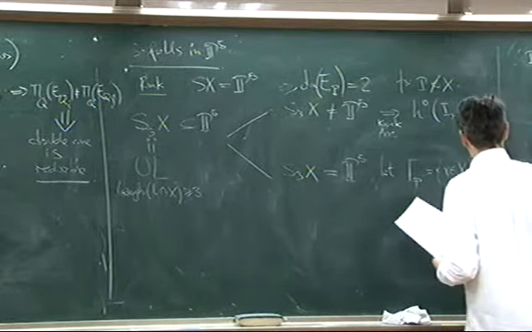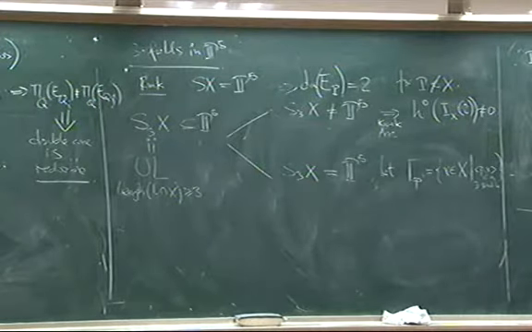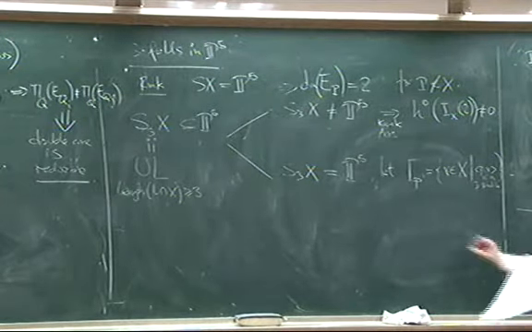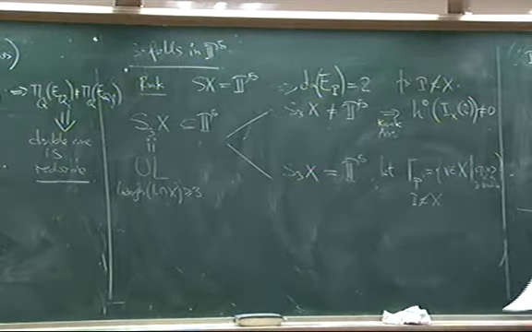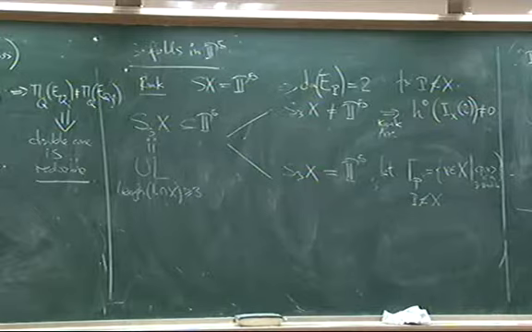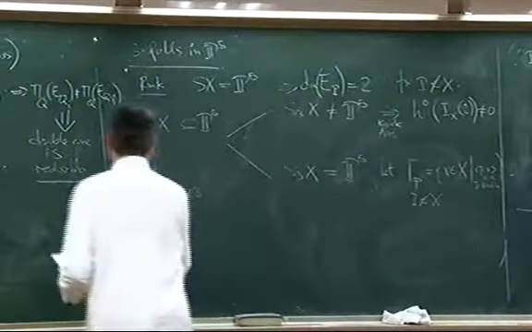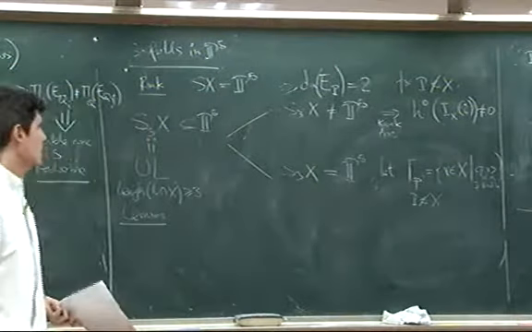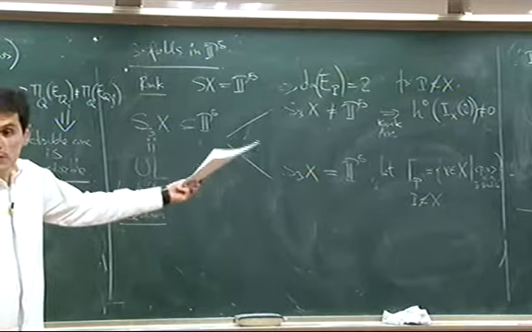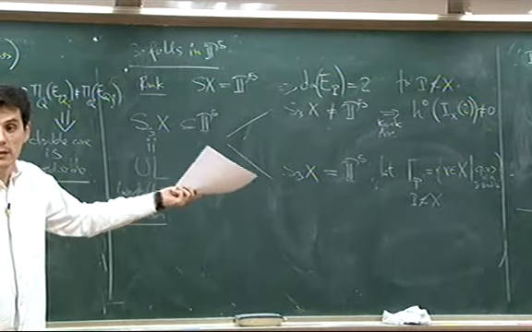Okay. P is a point out of X. And it's very simple to prove, I will show it as a lemma, that this is actually, if non-empty, a curve.